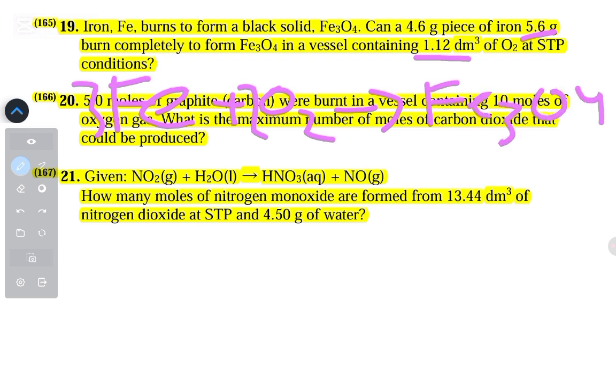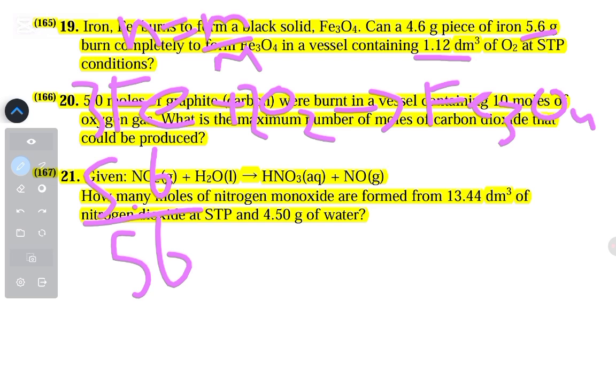So we know 5.6 gram of iron. To find moles, n is equal to m over M, as we always know. Mass 5.6 over molar mass. What is the molar mass of Fe? Fe is 56, I've told you before. So 56, let's get that straight.